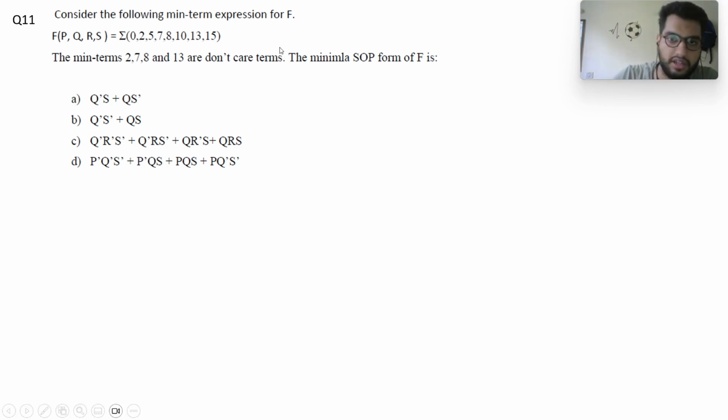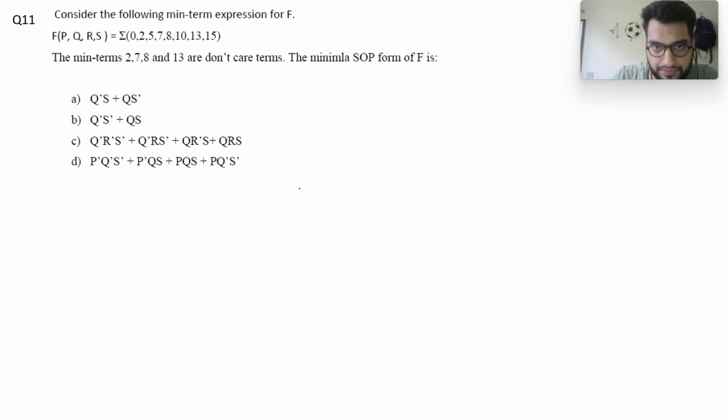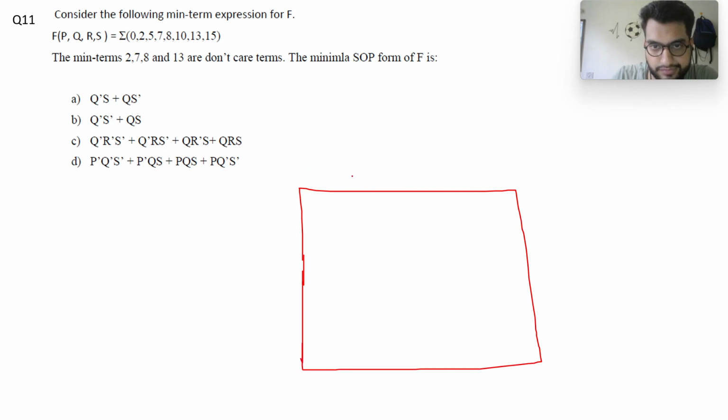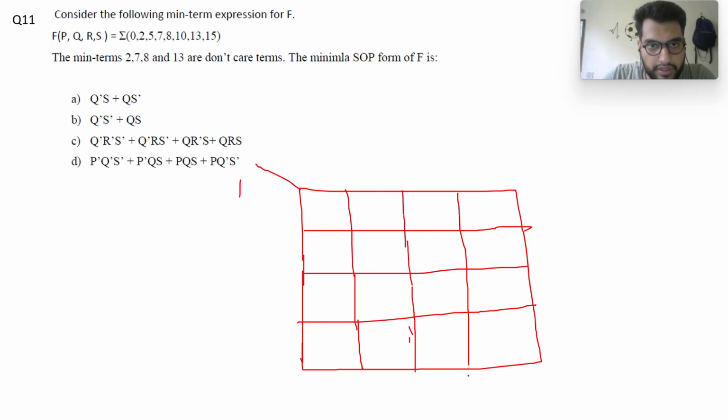So what we'll do, we'll construct a four variable K-map. Here it is PQ, here it is RS.